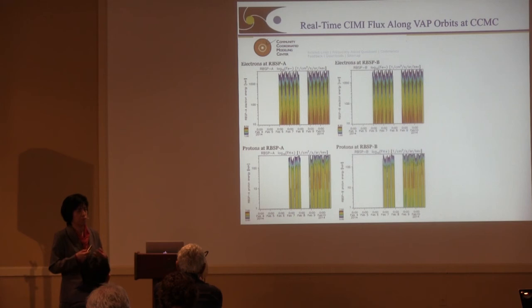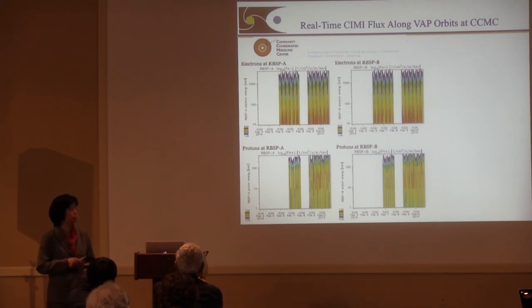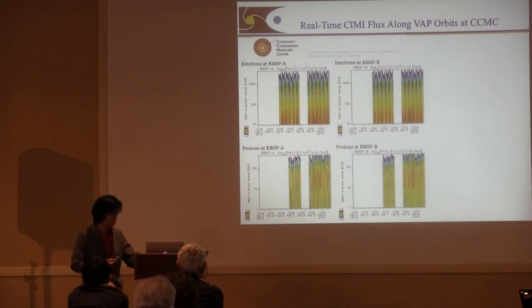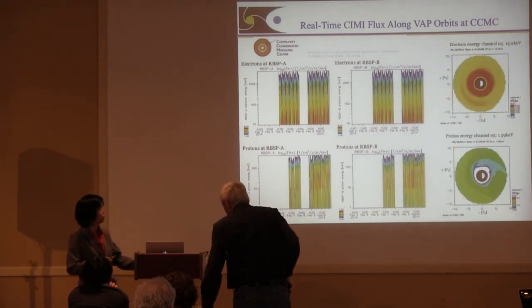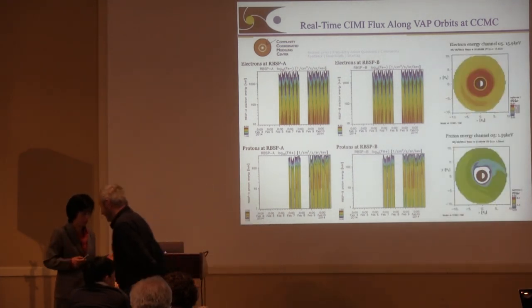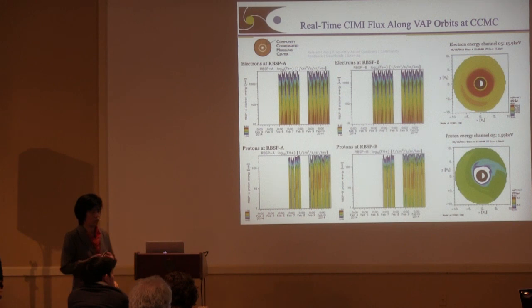If you see something interesting in the data, hopefully you look at the run, and if you see the similarity, it can provide the reason why you see that interesting feature. And also, CIMI can plot many things that the RBSP won't see.